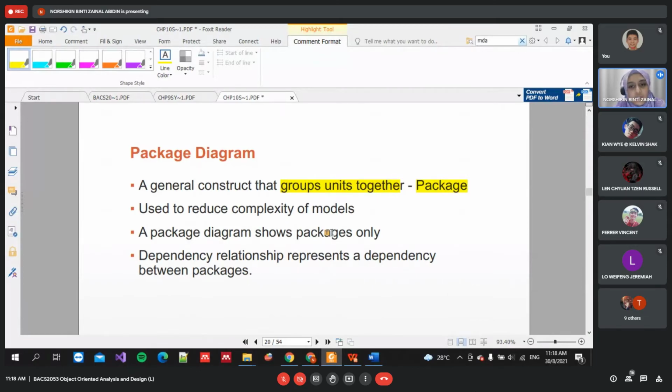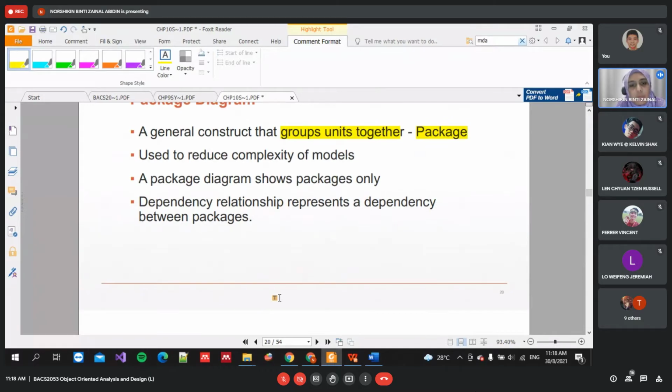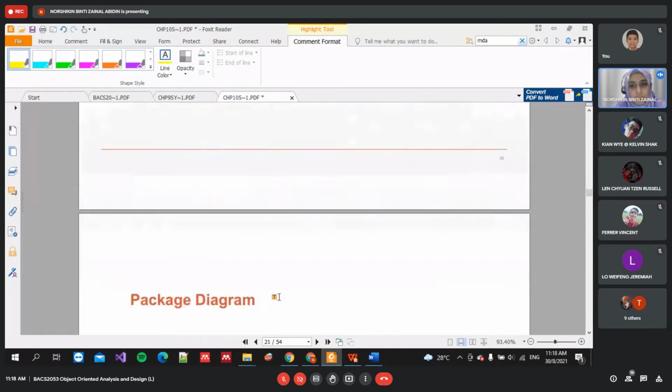It doesn't show the single or individual element. It will show one group as a group only. Dependency relationship represents a dependency between packages. That means whatever the relationship is, it will be based on the package, one group, not individual elements.